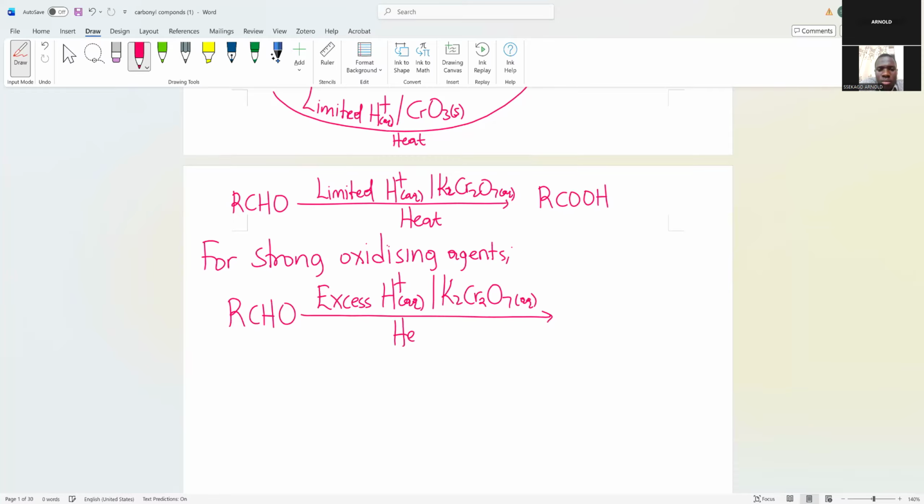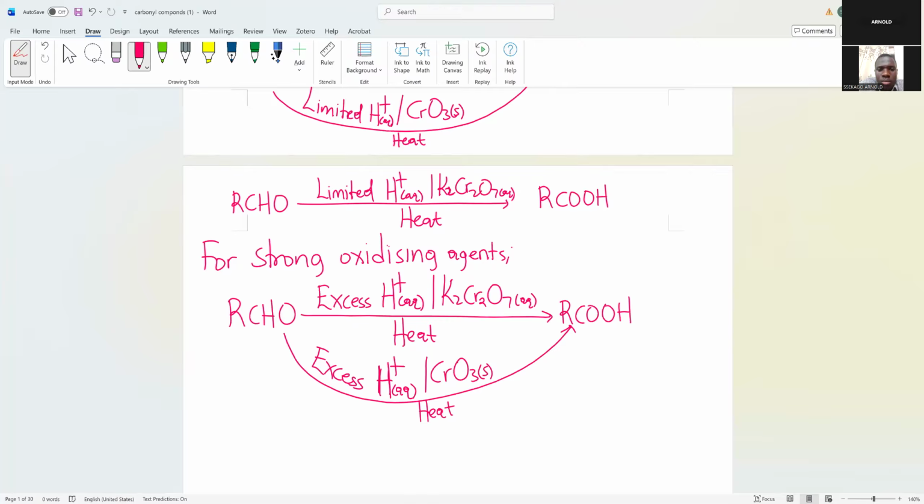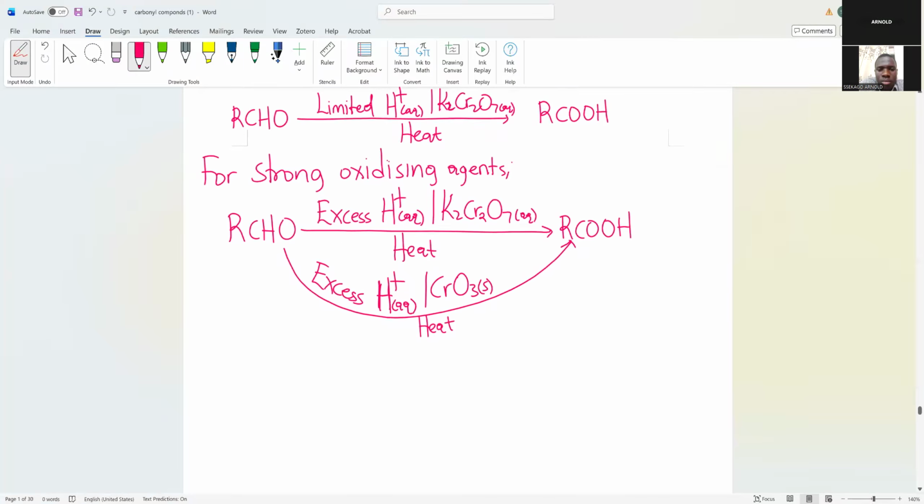Without excess, it is still fine. Also, in some books you find excess chromium 6 oxide acidified with dilute sulfuric acid. This is still okay.